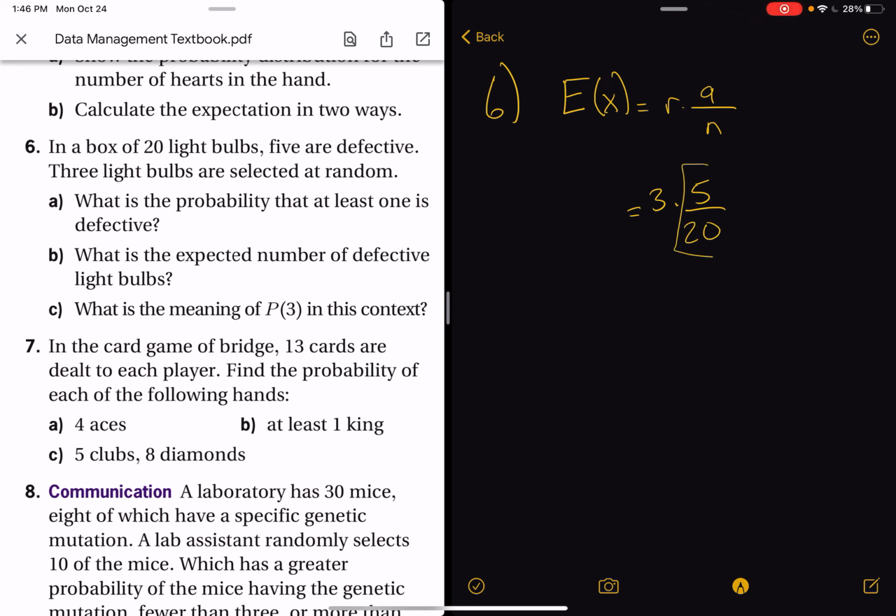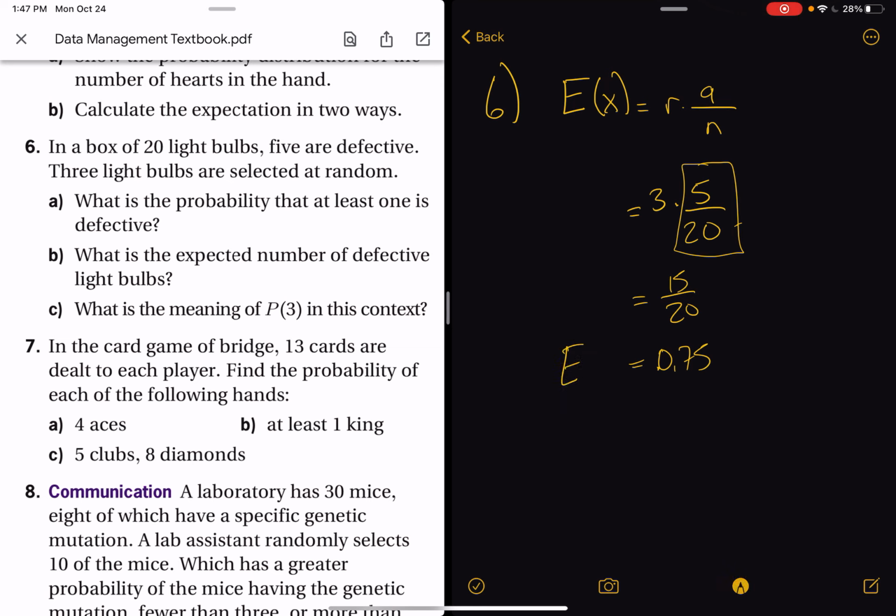So this is the proportion of available successes to total possibilities, 20. Multiplied by 3 trials is equal to 15 over 20, which is equal to 0.75.